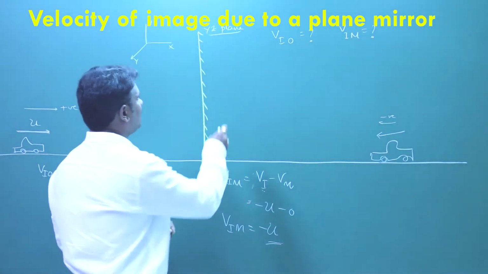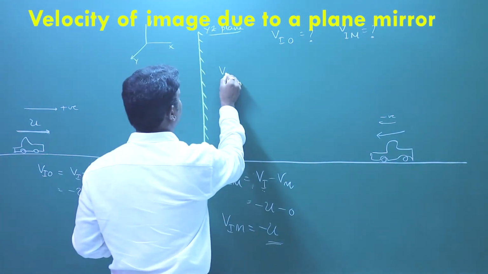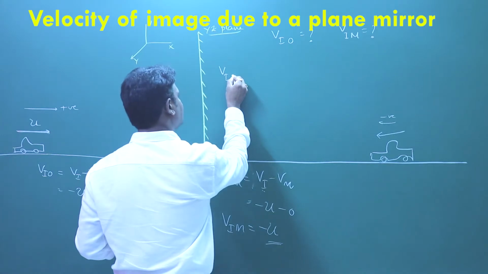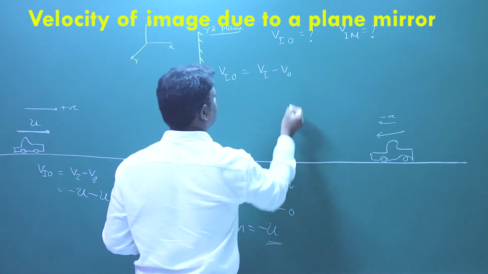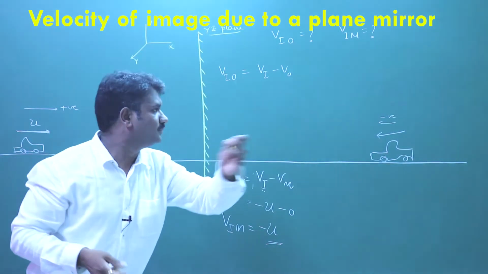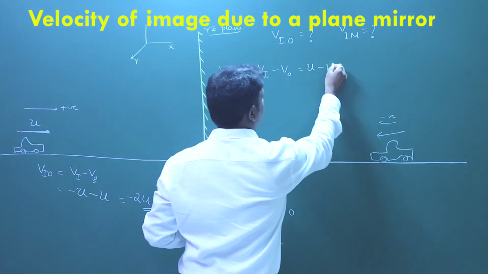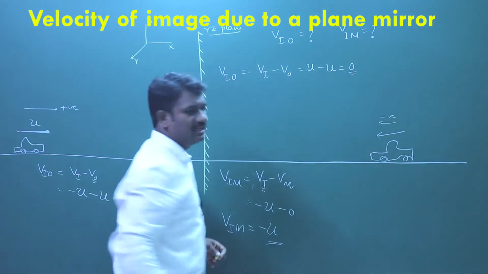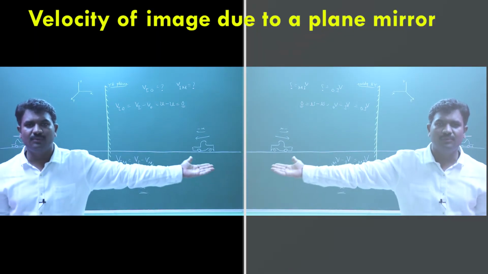So, when the object is moving along the plane of the mirror, the velocity of image with respect to the observer is equal to velocity of image minus velocity of object. What is the velocity of image? Same as me, u. What is the velocity of the object? u. So, it is 0. As the image is always beside me, the relative velocity is 0.